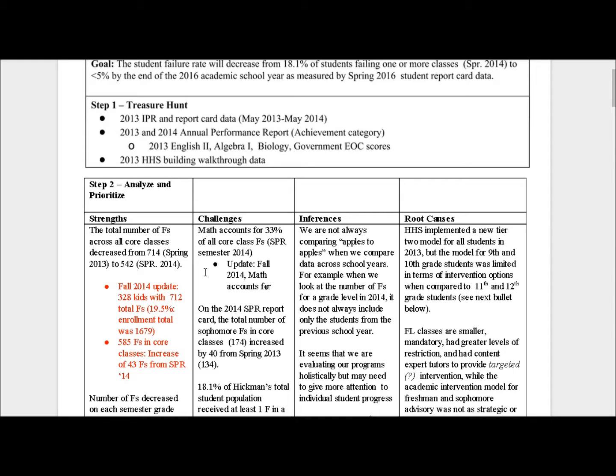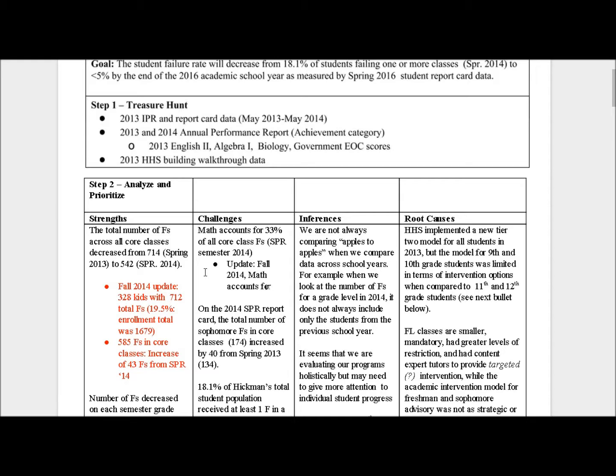As a quick sidebar, MSIP 5 is the way that the state measures our progress as a school, and it has 5 different categories. Achievement is one of those categories. With achievement, we looked at the 2013 scores on the English 2 EOC, Algebra 1, Biology, and Government.